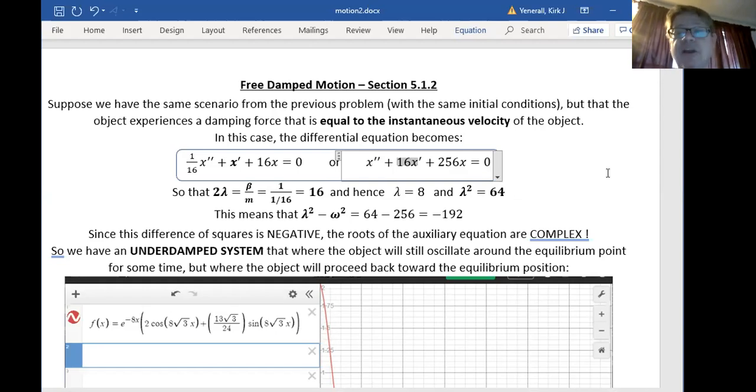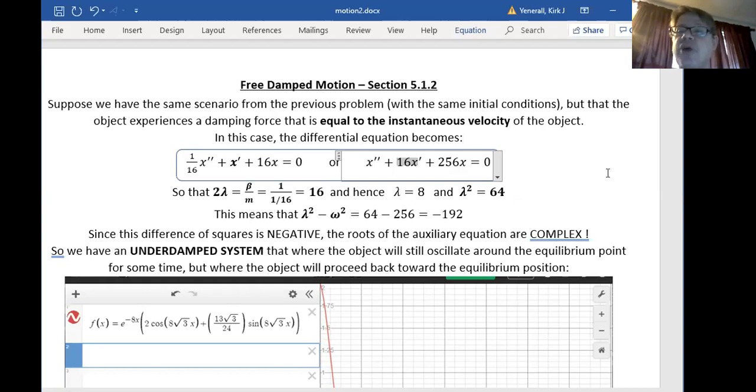Now that's very important because remember that the type of behavior we get from a damped system depends entirely on the relationship between lambda squared, which comes from the damping, and omega squared, which comes from the restorative force of the spring. Which one is stronger?